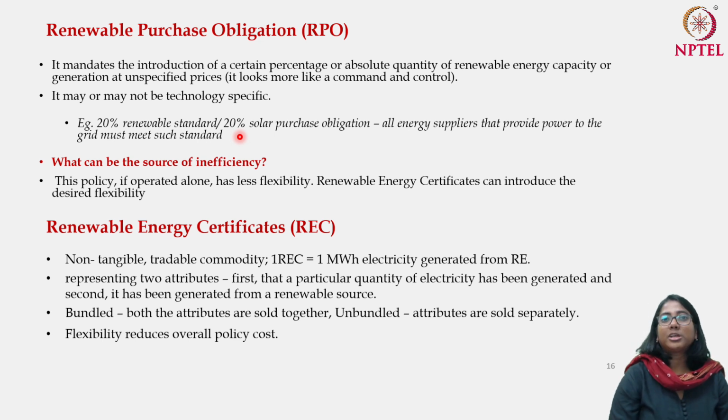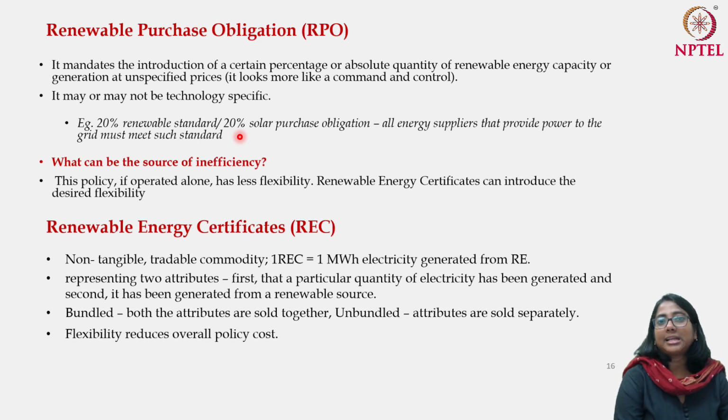So if I am producing 1 unit of energy with the help of some renewable technology, either I can sell both these attributes together to some discom. This discom has to comply with a target of 20% renewable purchase obligation. So I can sell both these attributes, the 1 megawatt hour of power as well as the renewability attribute, to the discom.